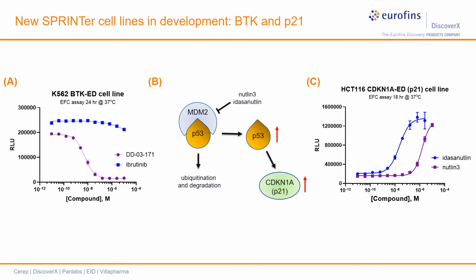Shown here, the inhibition of the p53 E3 ligase MDM2 stabilizes p53 protein and consequently leads to p21 protein accumulation. This illustrates the utility of our Sprinter platform, not only for protein degraders, but also for E3 ligase inhibitors that stabilize target proteins.